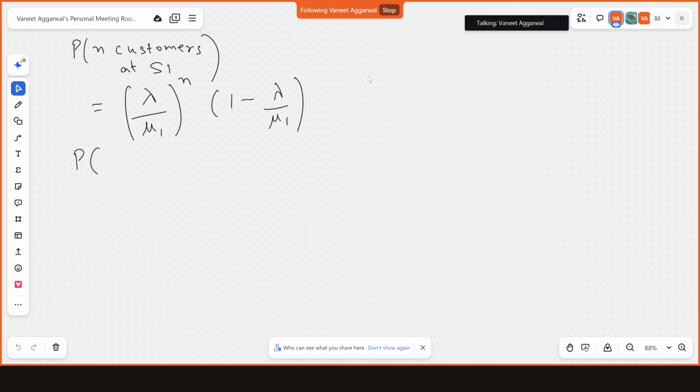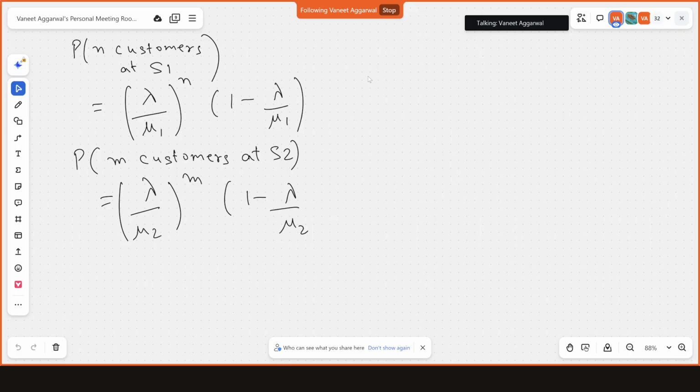Similarly, the probability that there are m customers at server 2 is pi m for M/M/1, which is (lambda over mu 2) to the power m times (1 minus lambda over mu 2). Now these expressions are directly coming from the M/M/1 formula for pi n.